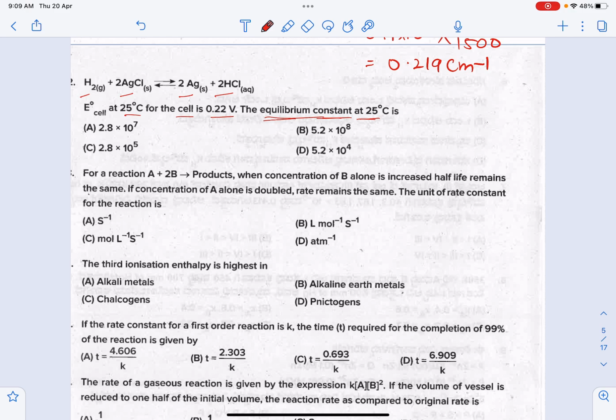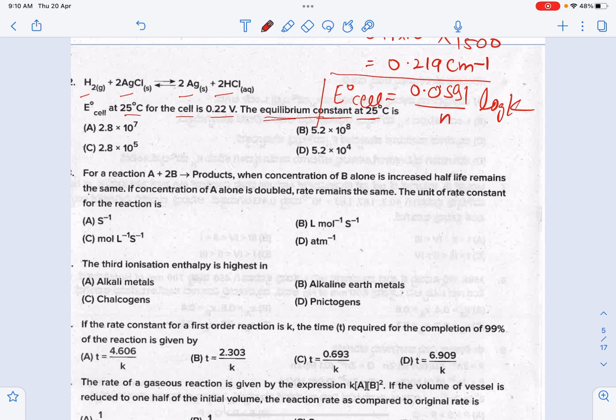Simply for this we will use the formula E° cell equals 0.0591 divided by n, log K. This is the formula in which E° cell is related to the equilibrium constant log K. Just memorize all formulas. We will use this formula here.